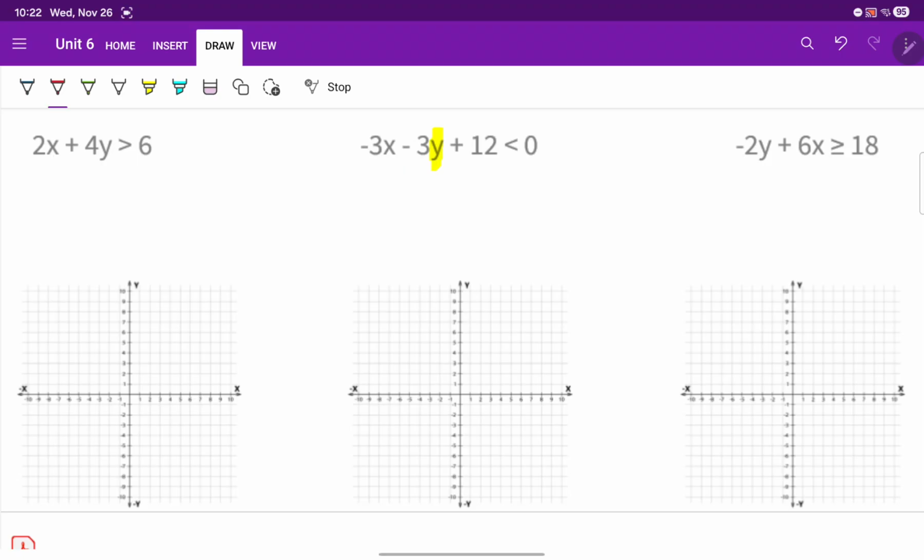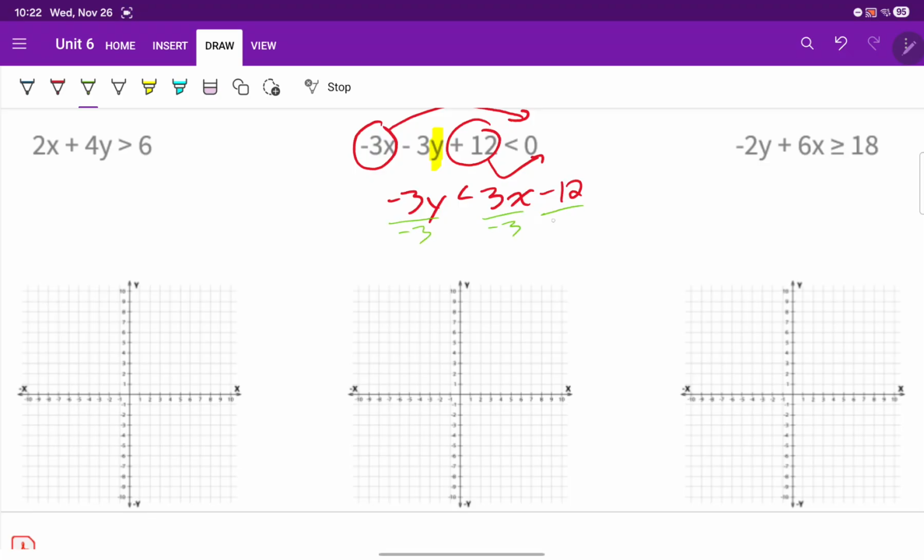So what I'm going to do is get y by itself. I'm going to first bring everything that's not y over to my right side. I get negative 3y is less than 3x, because it moved, and negative 12 because it moved. Now I'm going to divide everything by negative 3.